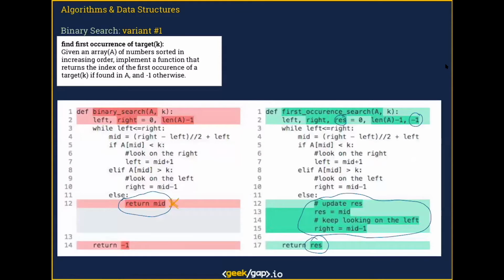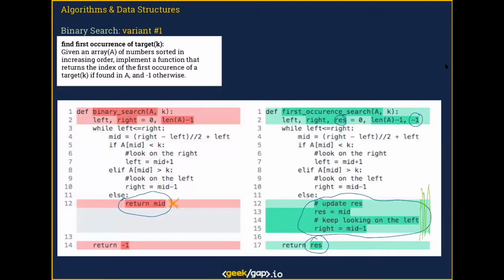So unlike binary search, which will just return as soon as we find it, first occurrence search keeps looking on the left here, right? And this is the only difference between the two. Does that answer your question?